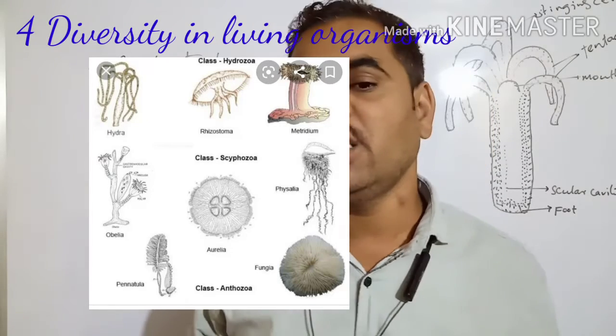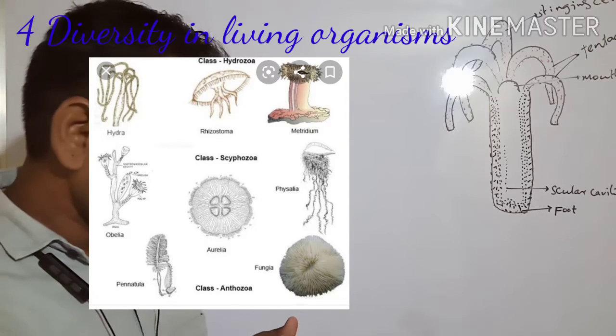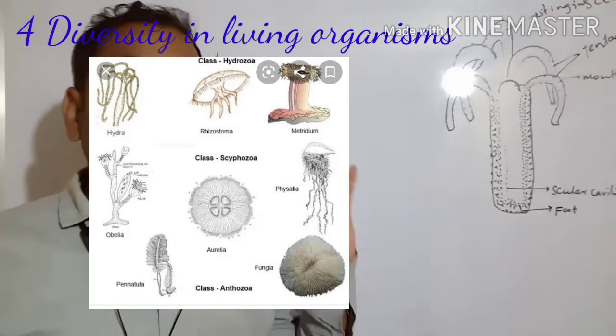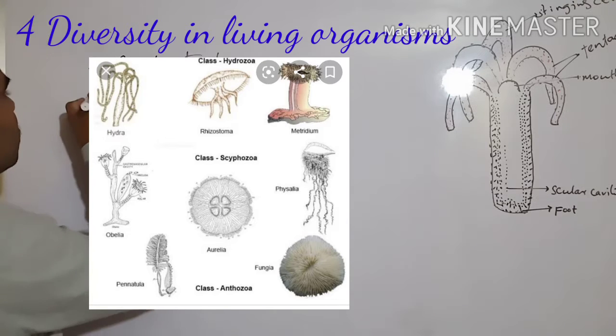What are the characteristics of the Coelenterata? The first phylum was Porifera, and the next one is Coelenterata. What are the characteristics of these organisms?